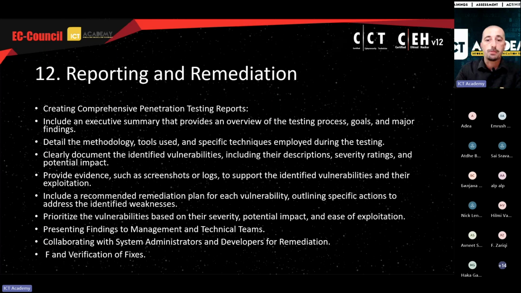Reporting and remediation. After conducting and finishing penetration testing as an activity, through all of those steps, and delivering that report, the penetration testing has done its job, but the process is not finished yet because we need to fix, to remediate, to mitigate those vulnerabilities that we have identified and provided through the penetration testing report, which was delivered to the organization. It is very important to follow the steps in reporting and remediation.